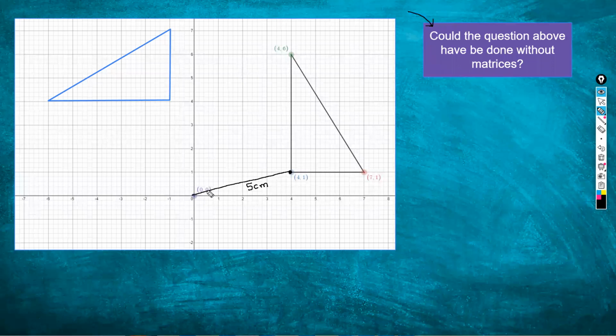You would then use your protractor, measure 90 degrees, and when you measure the 90 degrees, how long do you think this line will have to be? If the original line was 5 centimeters and you measure 90 degrees in an anti-clockwise direction, what would be the length of this line? It will also be 5 centimeters. And if you did that procedure, you would get the same answer as if we did it with matrices.